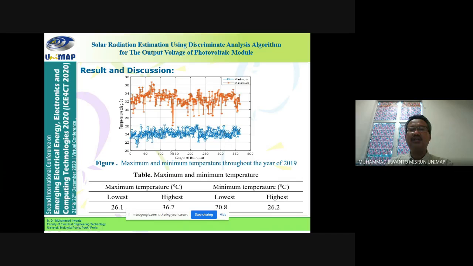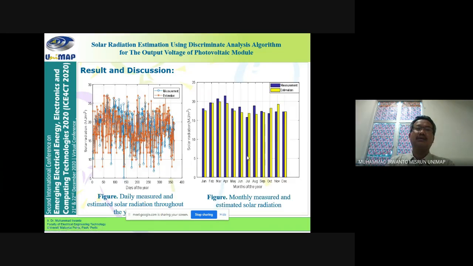For the minimum temperature through 2019, the lowest value is 20.8 degrees Celsius and the highest is 26.2 degrees Celsius.